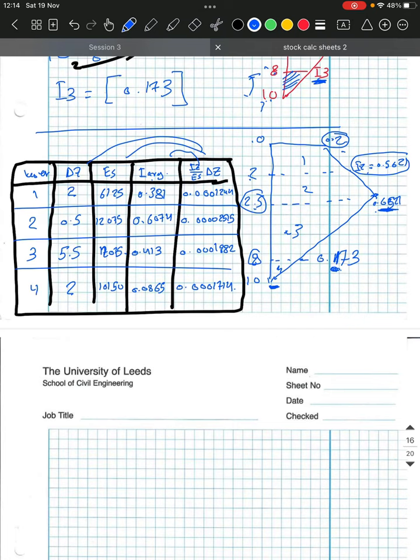Let me check something with the calculator real quick. Yes, 0.0865. I just had to redo this.